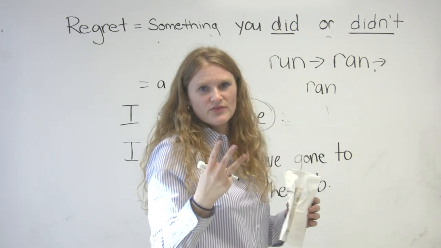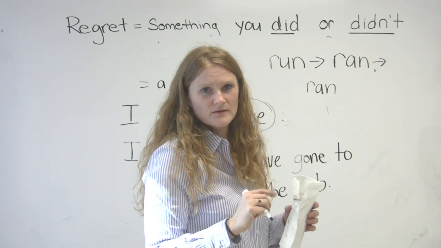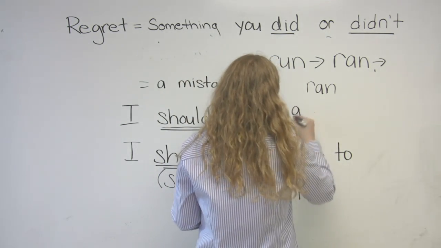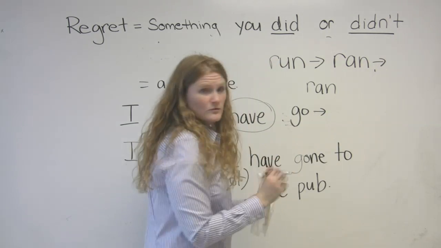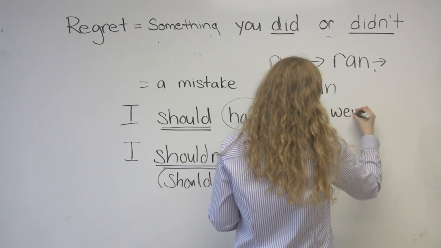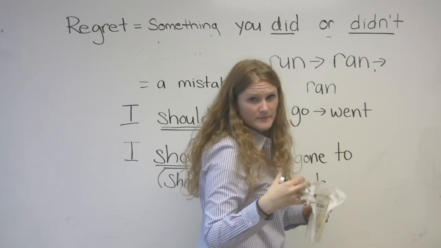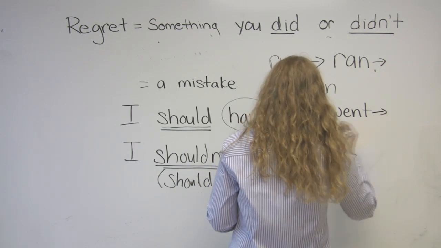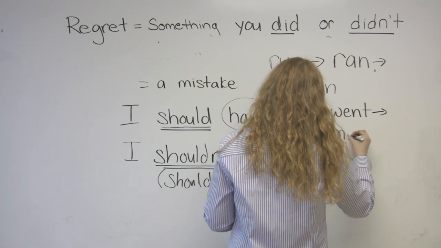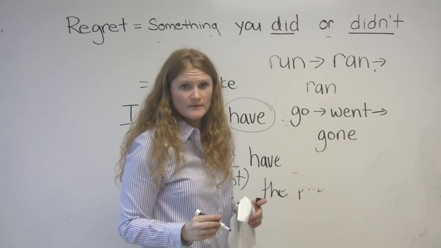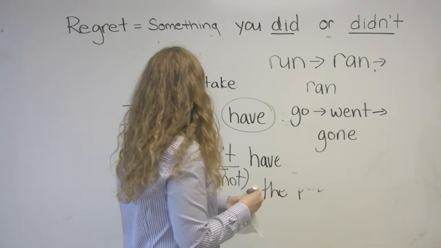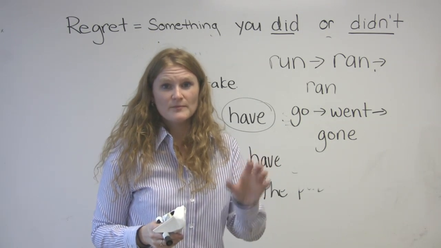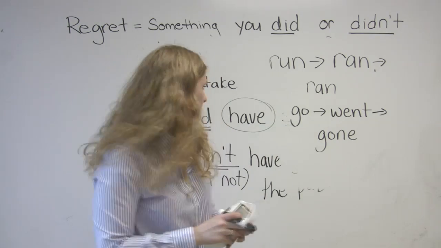I like to call it the third part of the verb. Another example is go, went, and then the past participle gone. Okay? So when we're using regret, we always have to use have plus the past participle of the verb.